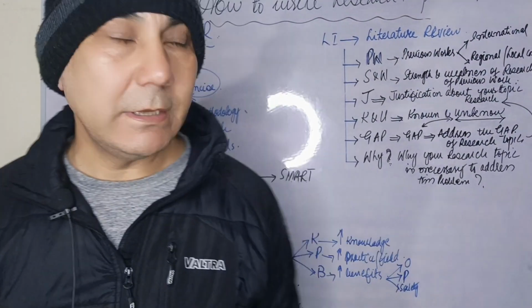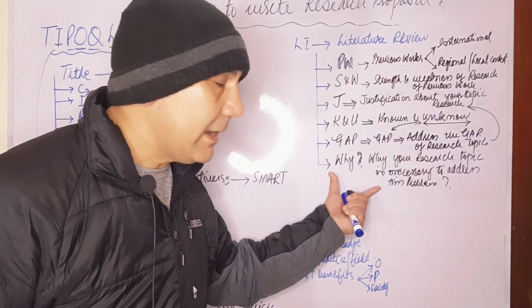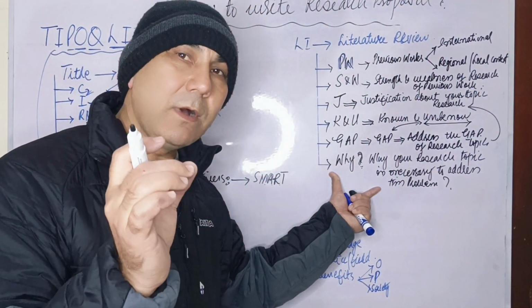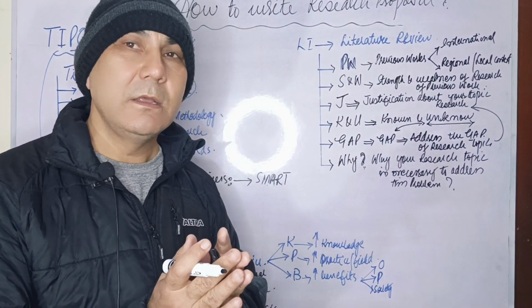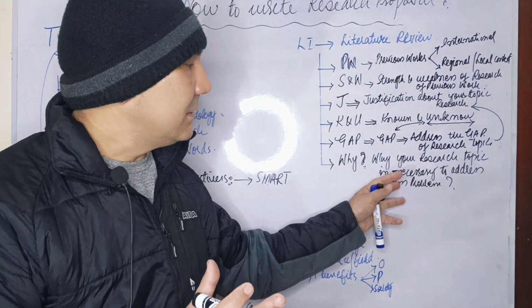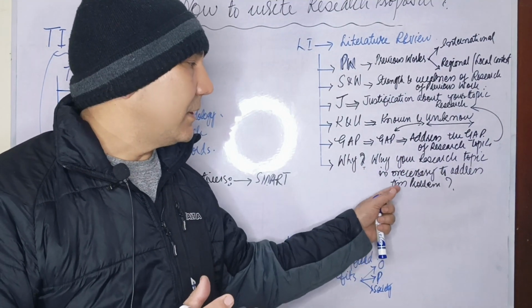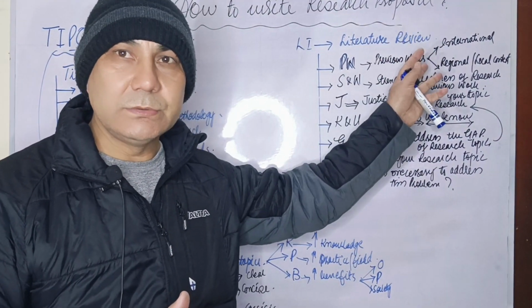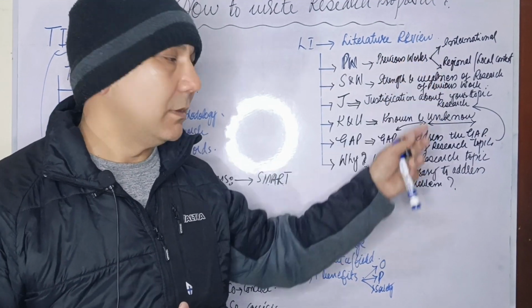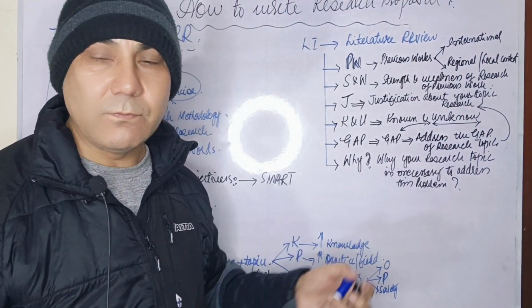Just keep in mind that in the literature review, giving the answer to why is very important. Why is your research area, why is your research topic very necessary to address that particular problem, because a lot of work has already been done on that particular problem. So you should address this why.